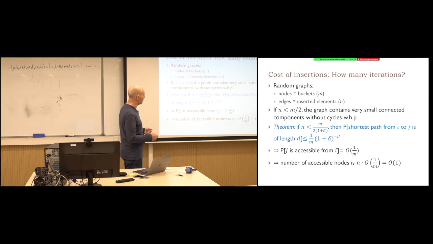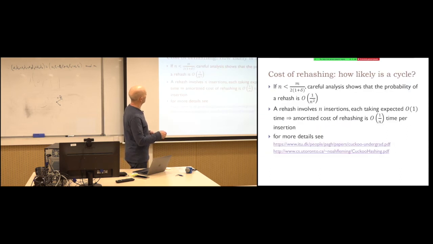Okay? So this is why cuckoo hashing works. And also there is some analysis about the rehashing, so how often rehashing happens and what the amortized cost is. I will skip the precise analysis, and I refer to these two texts.